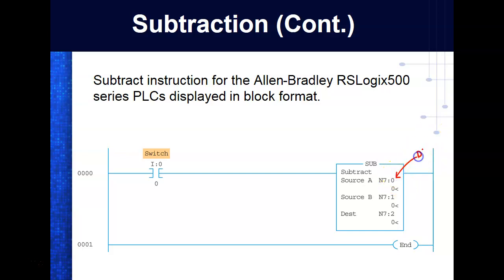Yeah, that's direct addressing. So whatever's in integer register 0, we're going to subtract from that whatever's in integer register 1, and we're going to store it in integer register 2. Are we okay?